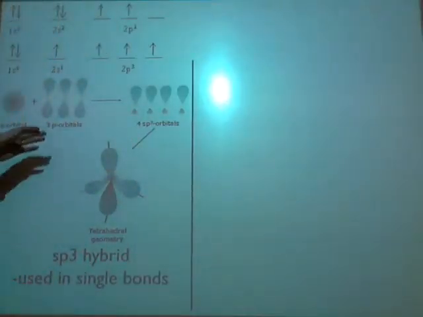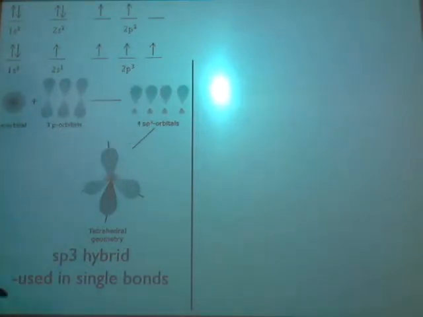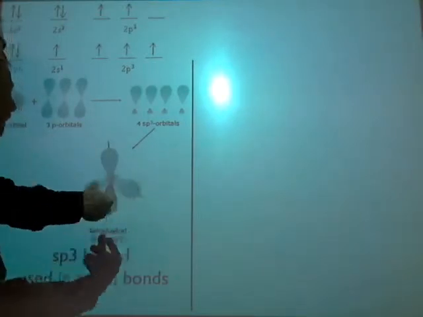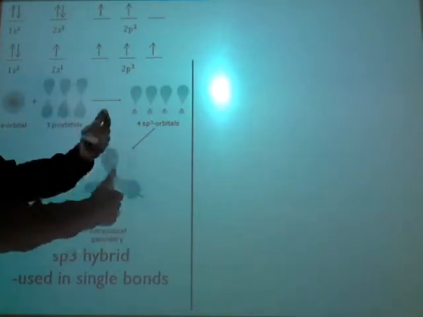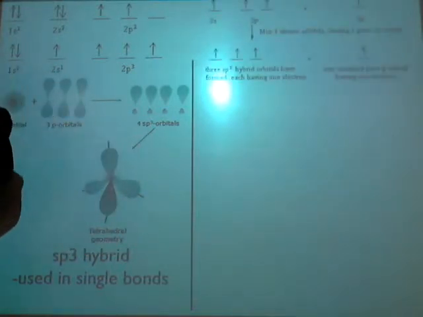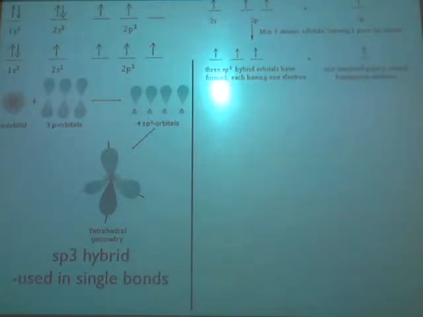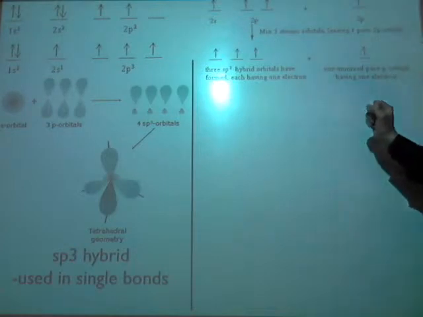Okay? So, what I wanted to show you here a second ago is these are all going to be single bonds. If I'm going to bond a hydrogen to here or here or here, they're just going to bond head to head, and there'll be free rotation, or another carbon even, in a single bond. But watch what happens if I have an sp2 hybrid or an sp1 hybrid. All right, here I'm going to hybridize the s and 2 of the p's. Okay?